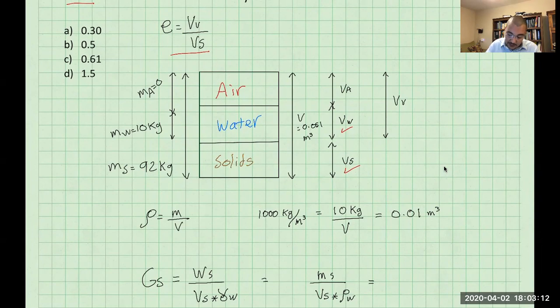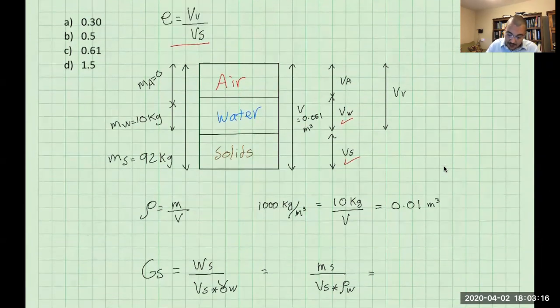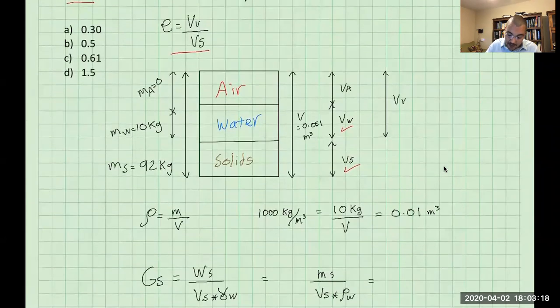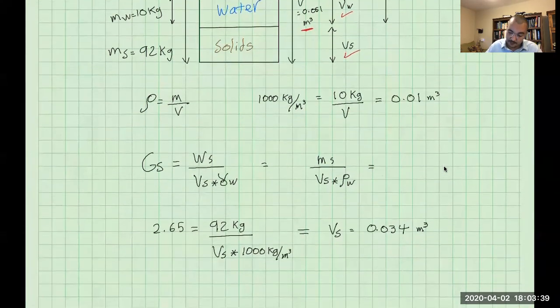We can easily find the volume of voids, but first we have to find the volume of air. You see here we have the total volume. We have these two, so we can find the volume of air. Once we find the volume of air, we can simply add the volume of air to the volume of water, and then we'll have the volume of voids.